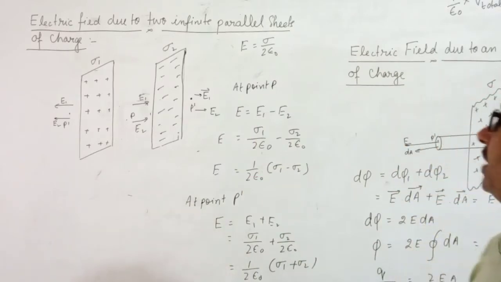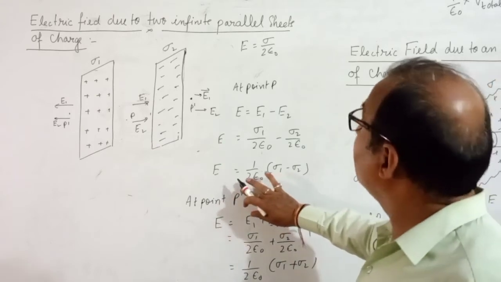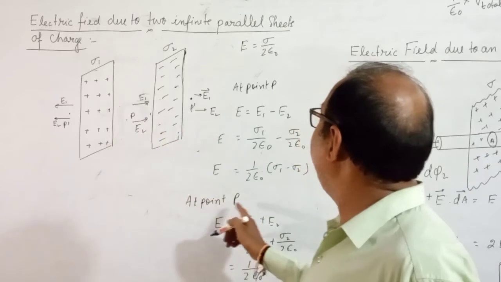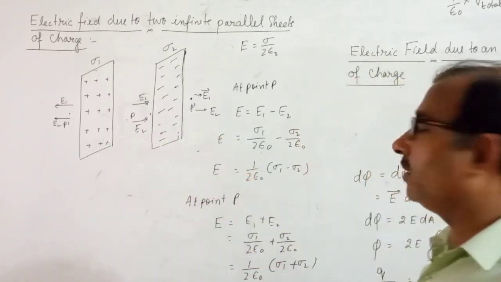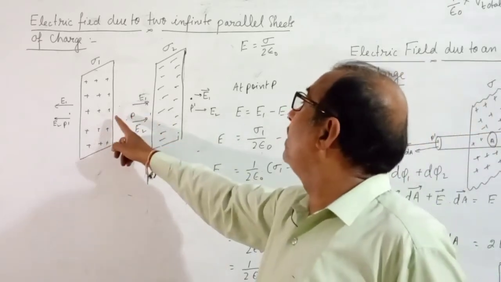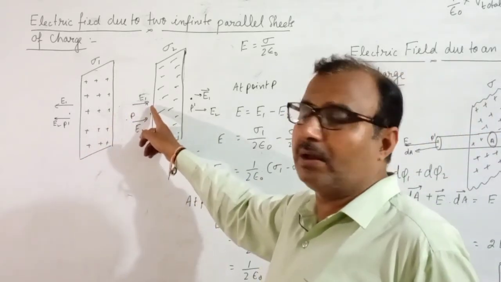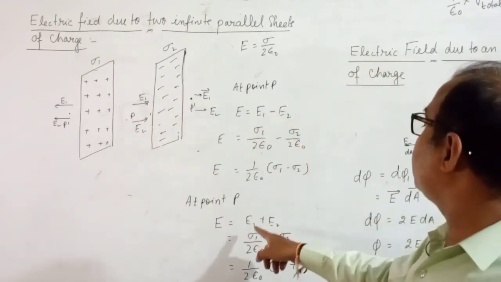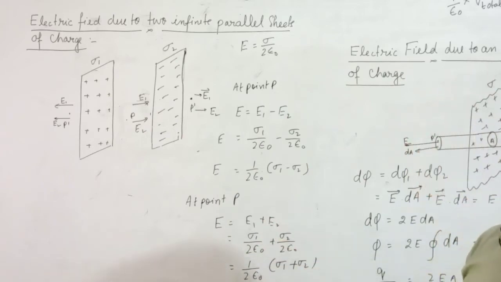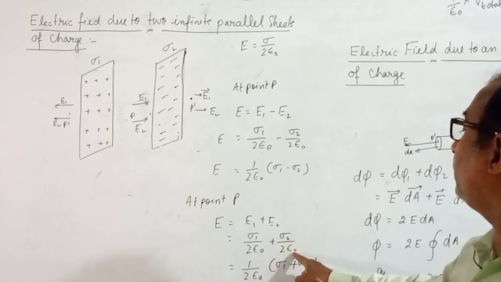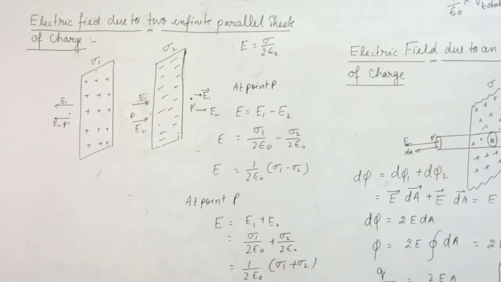If you take P in place of point P dash, then you get the same result. भाई समझ लीजिए, you should understand. Due to positive charge electric field is outward, due to negative charge inward. So at point P, both are in the same direction. So E equal to E1 plus E2, sigma 1 upon 2 epsilon naught plus sigma 2 upon 2 epsilon naught. Again the same thing.